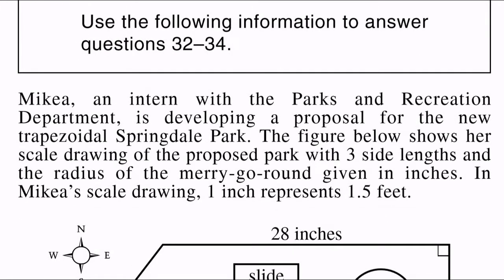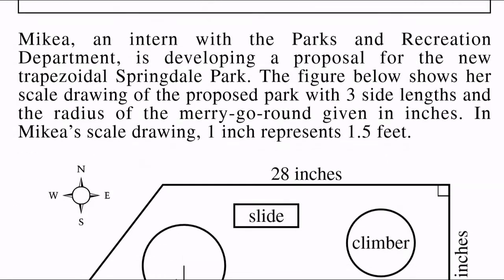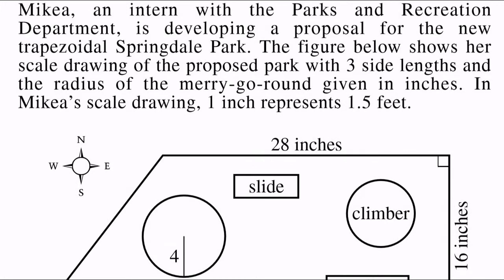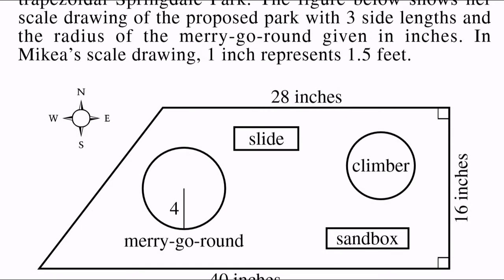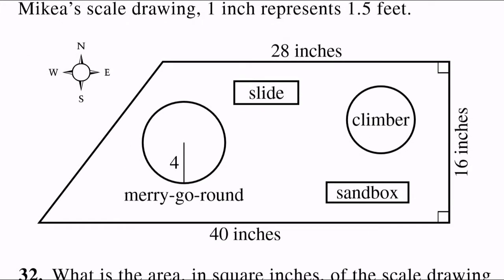So for questions 32 through 34, we will use the following information. Micah, an intern with the Parks and Recreation Department, is developing a proposal for the new trapezoidal Springdale Park. The figure below shows her scale drawing of the proposed park with 3 side lengths and the radius of the merry-go-round given in inches. In Micah's scale drawing, 1 inch represents 1.5 feet.